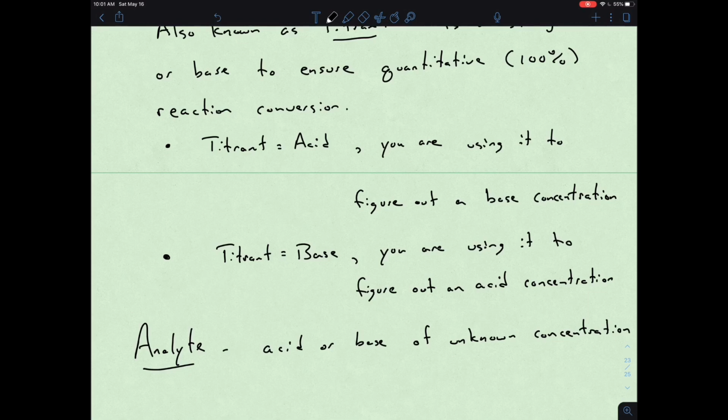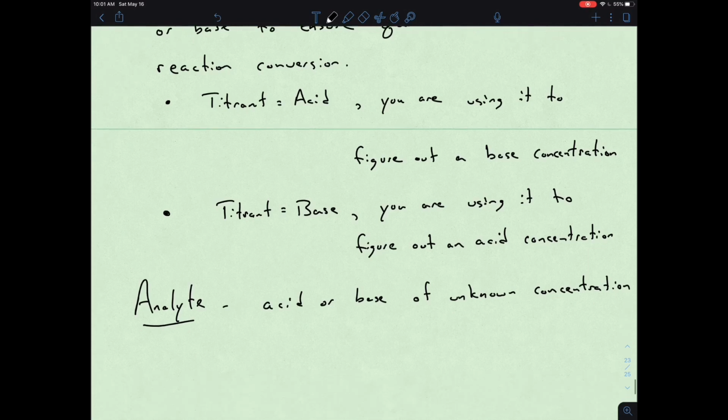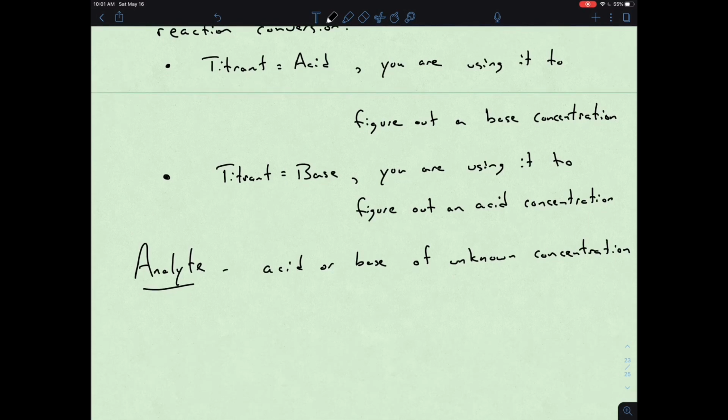Some other things that we have within a titration: we have what's known as the equivalence point.